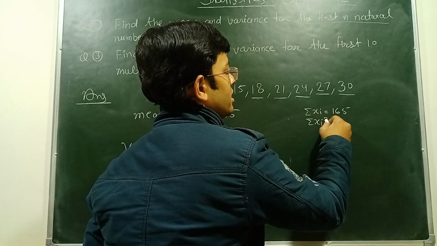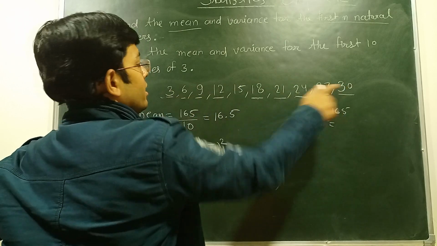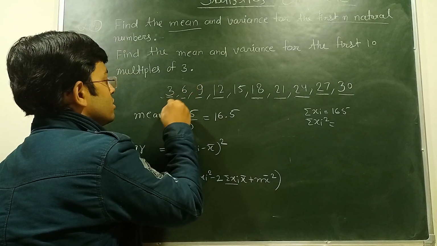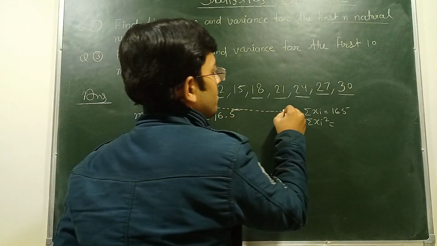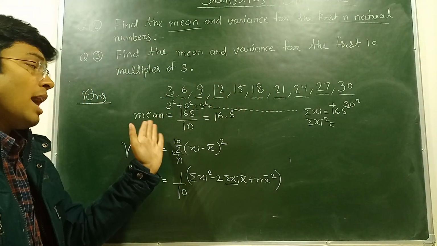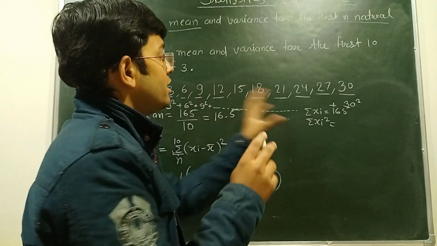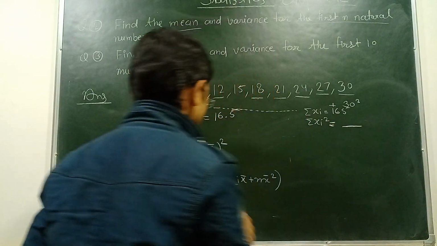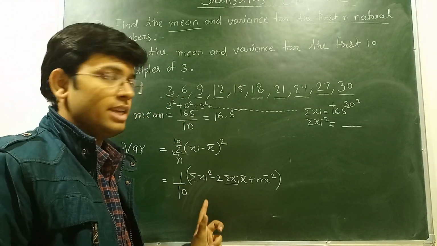Sigma xi square is a very lengthy process because you have to square all the values: 3 square plus 6 square plus 9 square plus 12 square plus 15 square plus, at last, 30 square. After squaring the values you have to sum all of them and write the total value here, and then you can easily find the value of the variance.